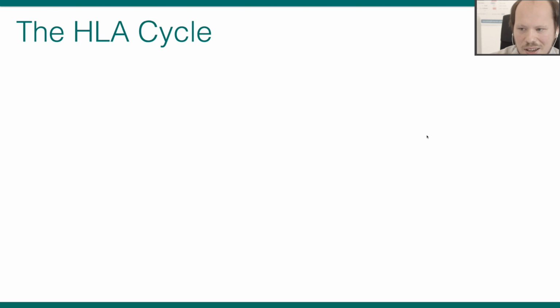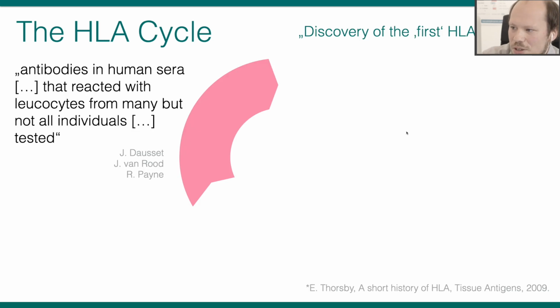But first of all, let's take a step back to the cradle of the first HLA antigens. When the first HLA antigens were discovered, what Jean Dausset, Jon van Rood and Rose Payne saw was that antibodies reacted with some individuals, but not all of them.